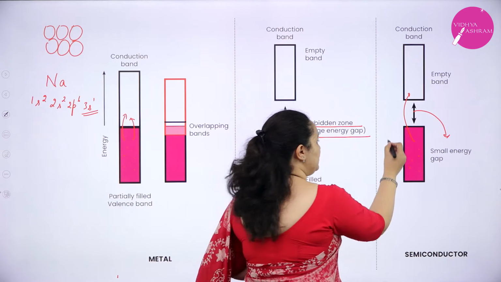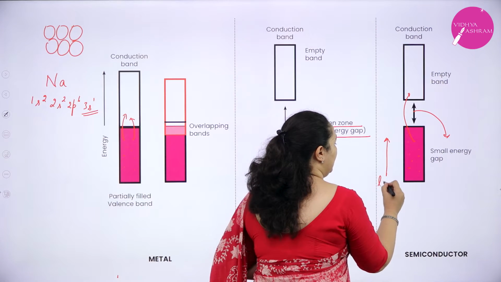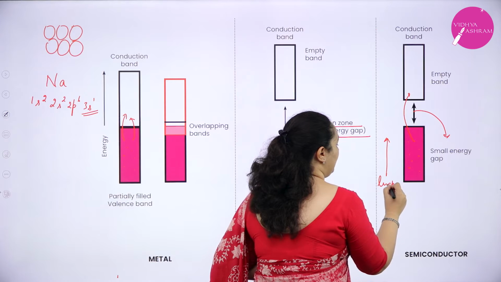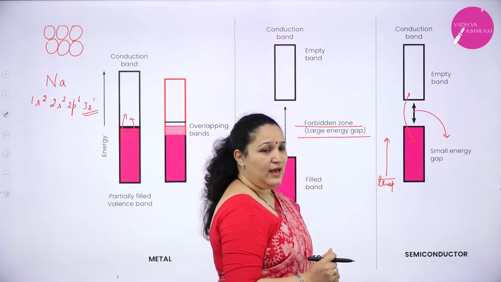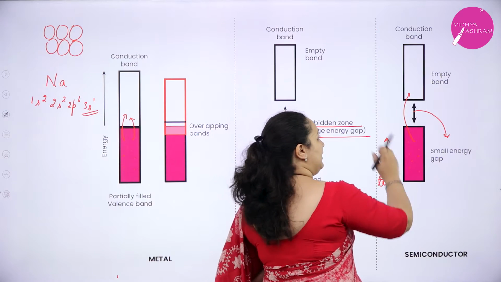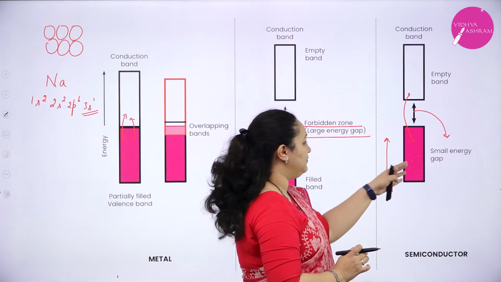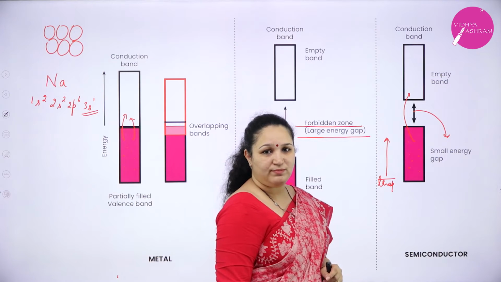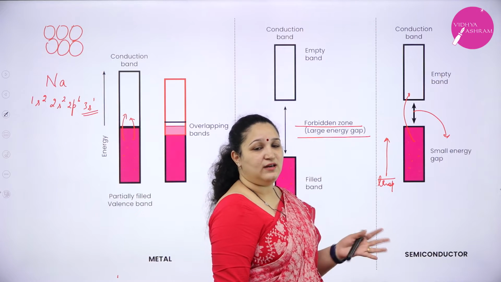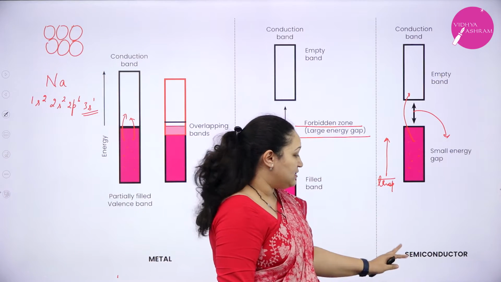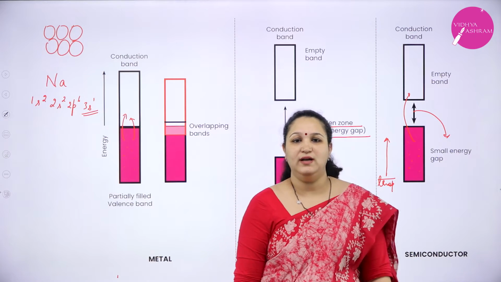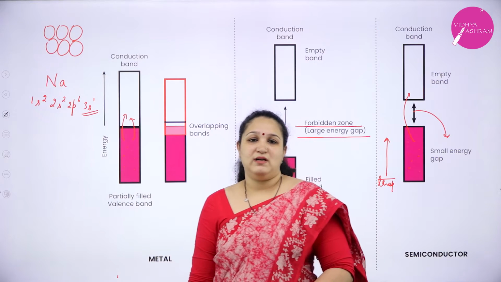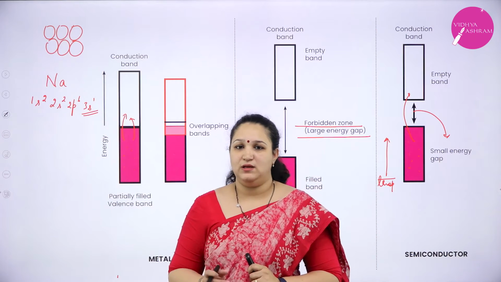If I increase the temperature, if I give a small amount of energy to these electrons, they can easily jump from the valence band to the conduction band, and hence it will conduct electricity. So that is about the semiconductors. Examples we can give are the common ones, silicon and germanium. I hope you have understood about the band theory.